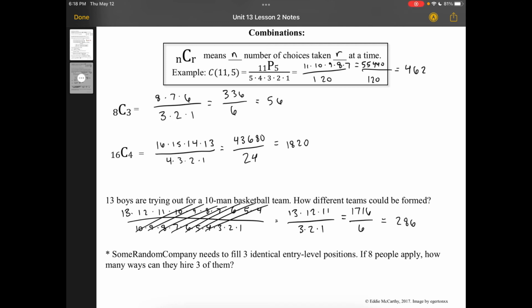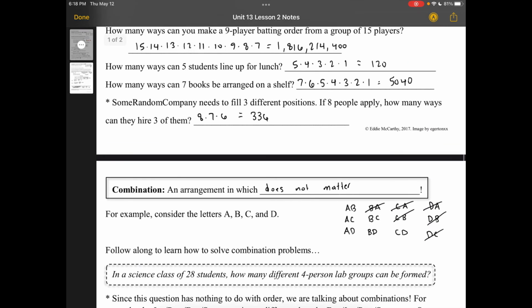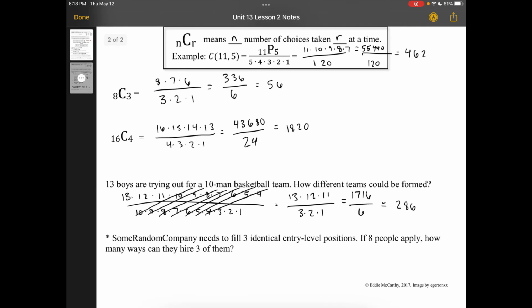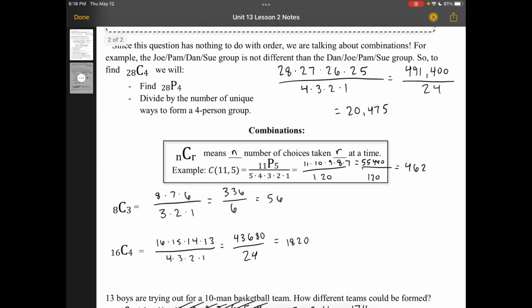Now, if we have some random company that needs to fill 3 identical spots, if we have 8 people apply, how many ways can we hire 3 of them? Well, we can actually check earlier because we know that we did this earlier. We did 8 times 7 times 6, and that was 336.